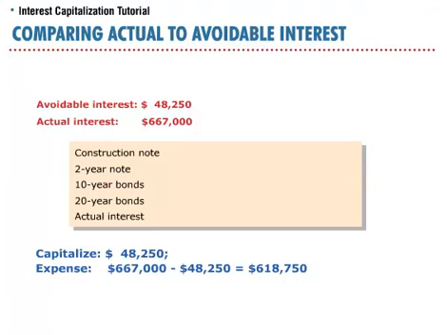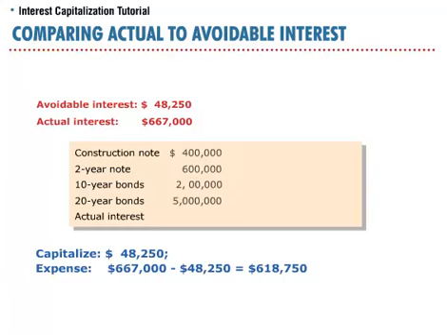Our final step for interest capitalization is to compare the avoidable interest to the actual interest cost for the year. The lower of the two is the amount to capitalize. We computed Bucky Company's avoidable interest to be $48,250. The calculation for actual interest is straightforward. You multiply all the debt outstanding by the interest rate on the respective debt.